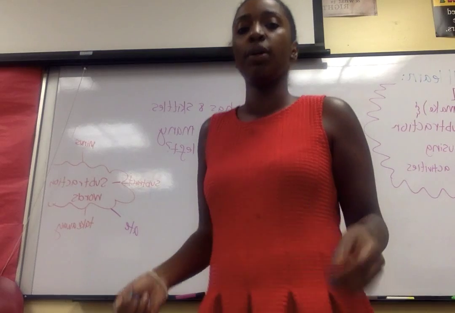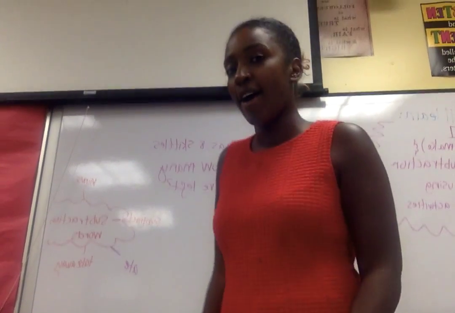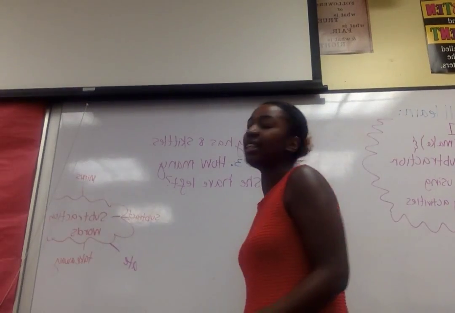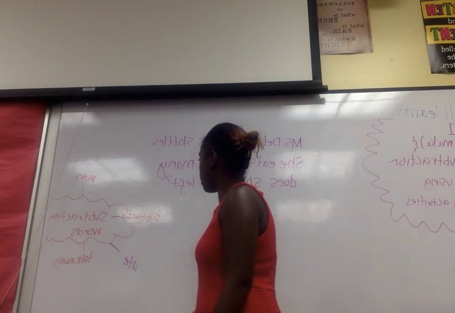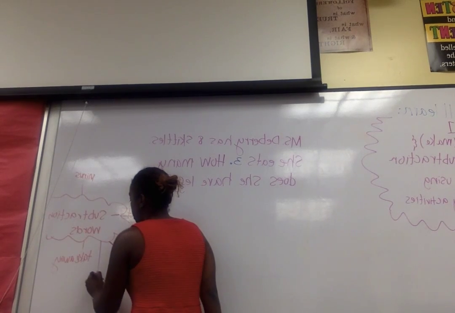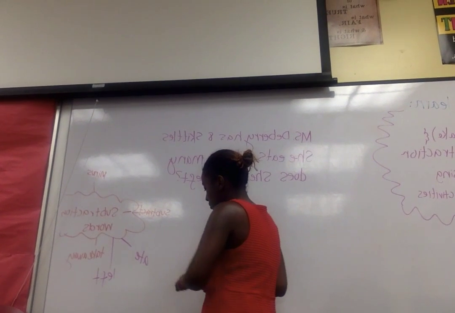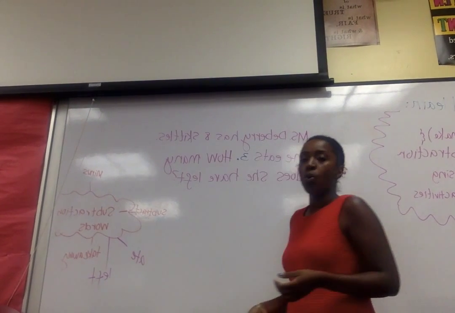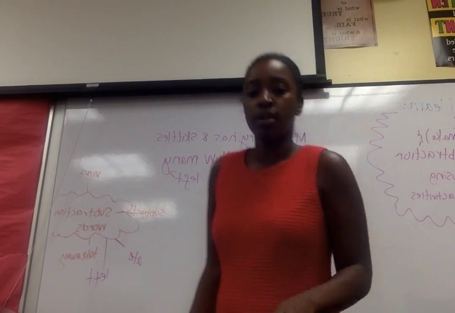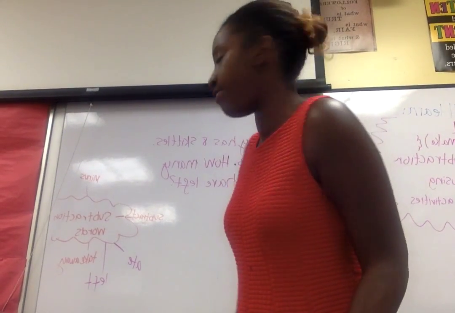I started with 8. I took away 3. And now I have 5 left. I'm going to leave "left" on our list of subtraction words, okay? So we started with 8, we took away 3, and now we have 5.